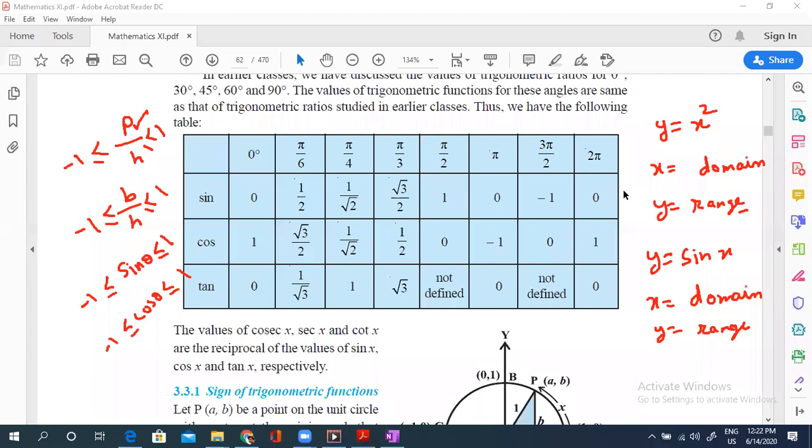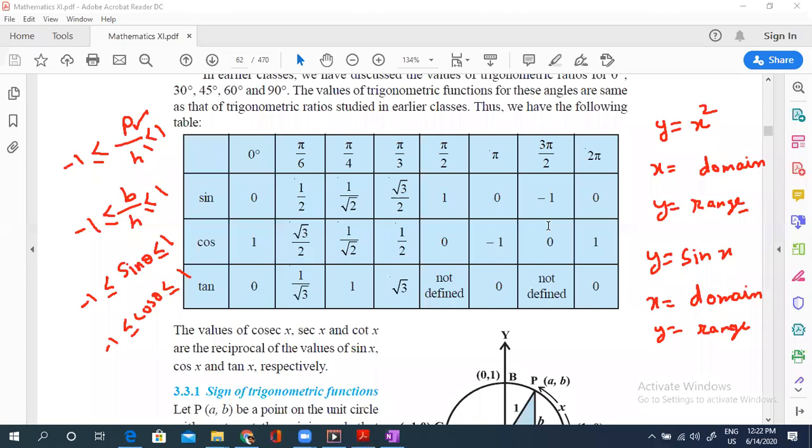Is sine theta becoming undefined at any value? Is it becoming undefined at any value? No, right? No.